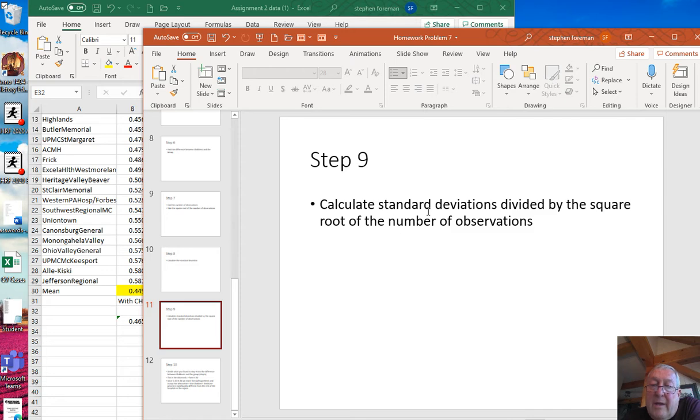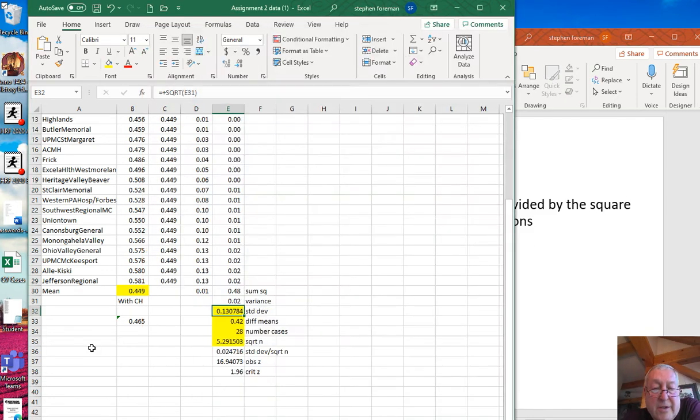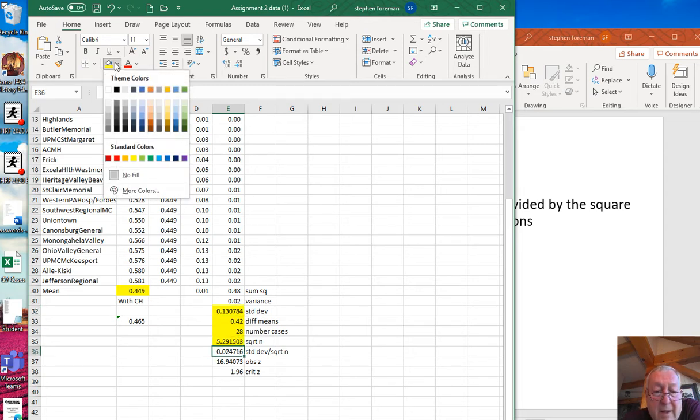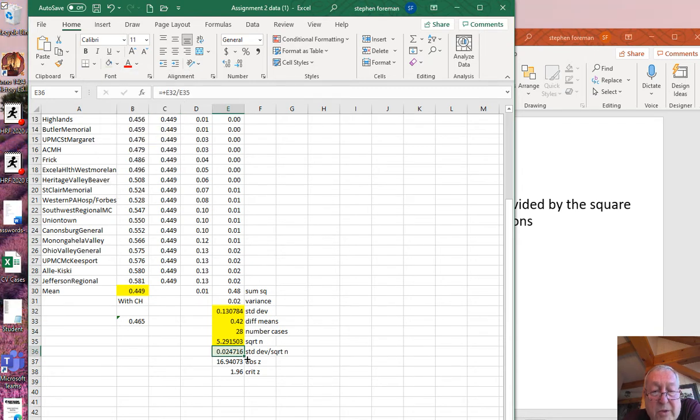So we divide the square root of the number of observations into the standard deviation, in the next step. And that gives us this value, 0.024716.